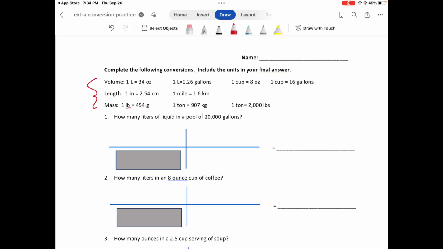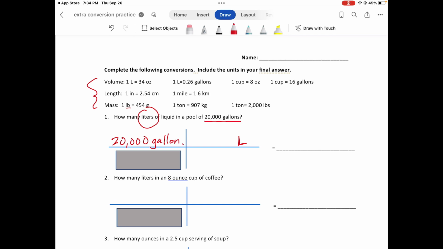All right, so we want to know how many liters of liquid are in a pool of 20,000 gallons. The number we're given is 20,000 gallons. We are going to put that on the top left. We are asked for how many liters, so we're going to put the liters on the top right.